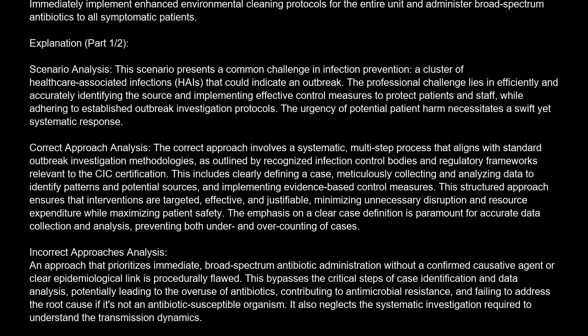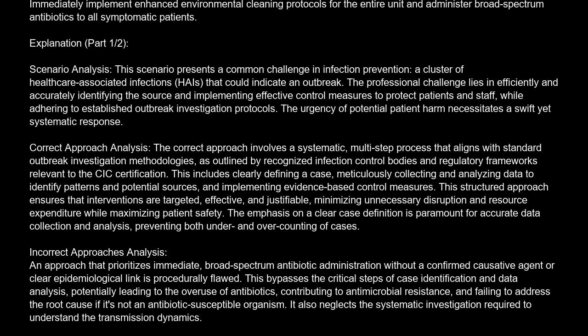This structured approach ensures that interventions are targeted, effective, and justifiable, minimizing unnecessary disruption and resource expenditure while maximizing patient safety. The emphasis on a clear case definition is paramount for accurate data collection and analysis, preventing both under- and overcounting of cases.